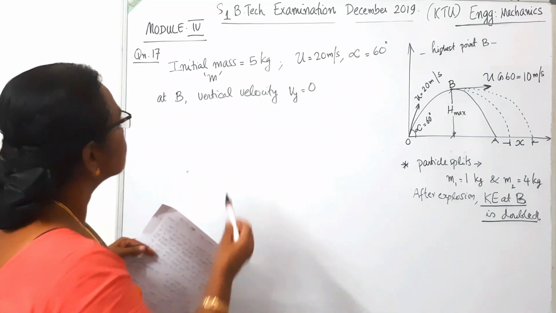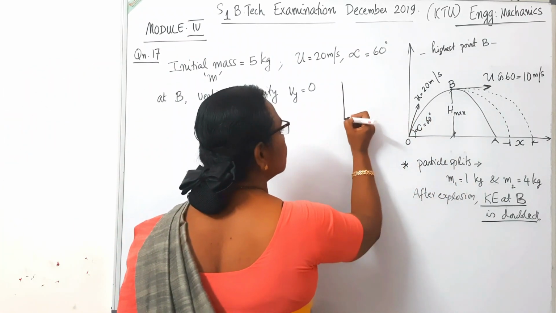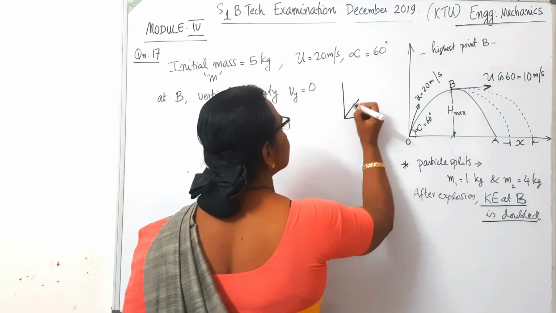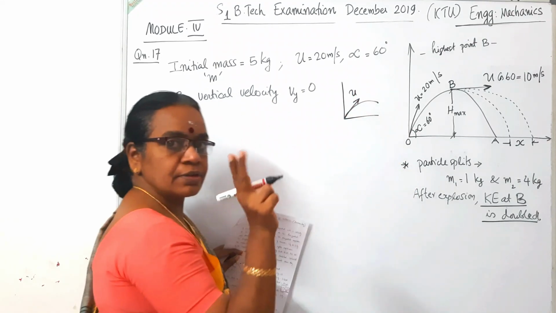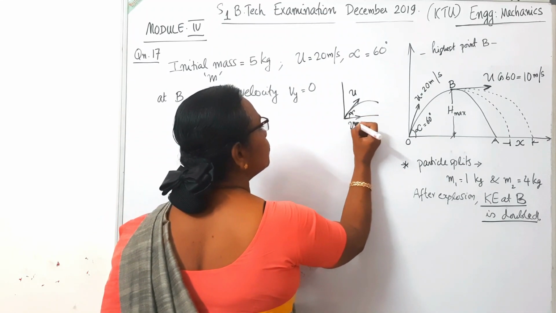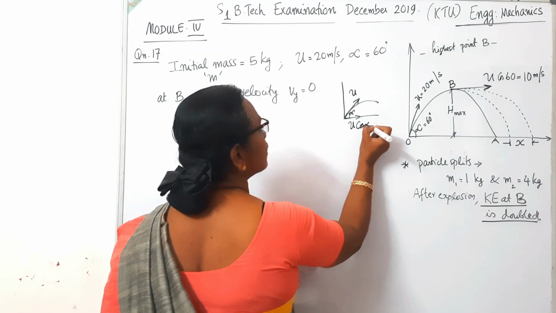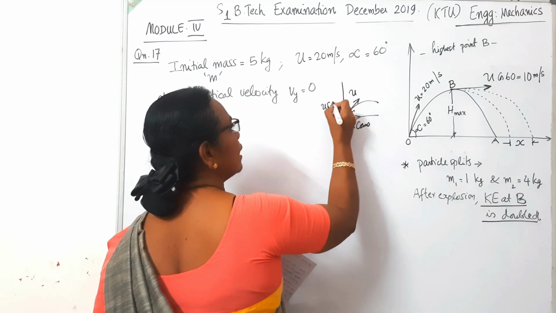So let us start with this. When it reaches the highest point, all of us know in the case of projectile motion, please remember when a particle is projected like this, U has two components. If it is inclined at alpha, one component will be U cos alpha, the horizontal component of velocity, and the vertical component of velocity U sin alpha.